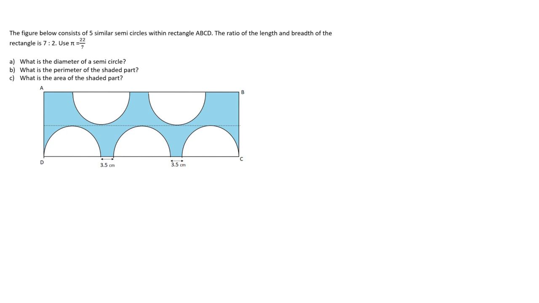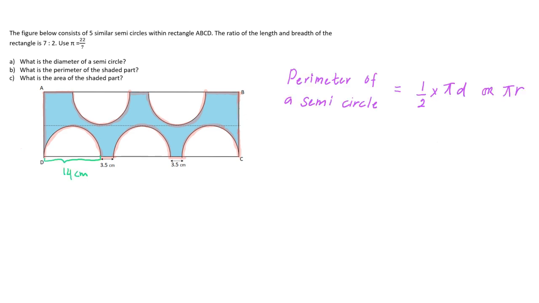Okay, so moving on to question B, what is the perimeter of the shaded part? I have highlighted the perimeter of the shaded part in red. So let's find the perimeter of the 5 semicircles first. To find the perimeter of a semicircle, we can either use half times pi d or pi r. In this instance, I will be using the pi r equation.